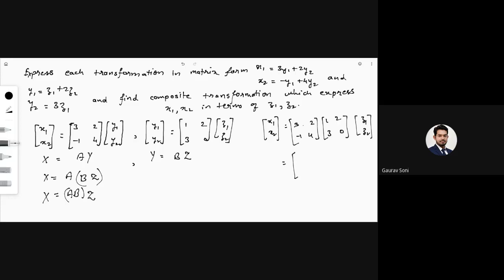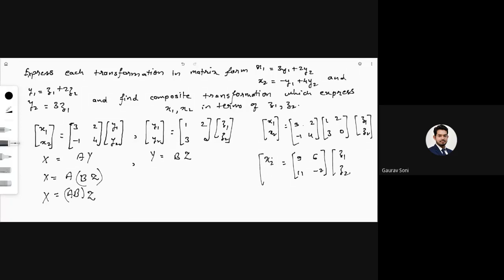You can multiply this: 3 plus 6, 9, then 6, then 11, the last one minus 2, and you have z1, z2. The question doesn't end here.